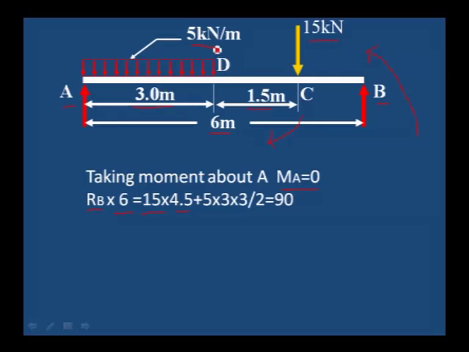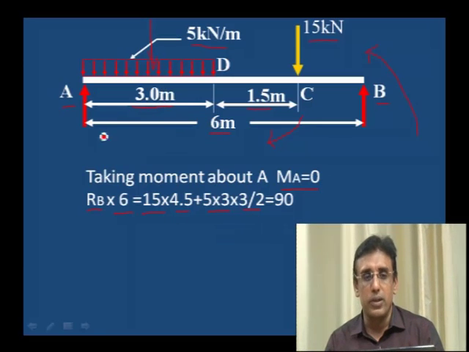Then there is one more load, the uniformly distributed load of 5 kilonewton per meter, which we have to convert into the equivalent point load, as explained in the previous session. 5 into 3 is 15 kilonewton, and it acts at the center of the uniformly distributed load, that is 3 divided by 2, 1.5 meter from A. Therefore, the moment due to the uniformly distributed load is 15 kilonewton into 3 by 2, which is also a clockwise moment.